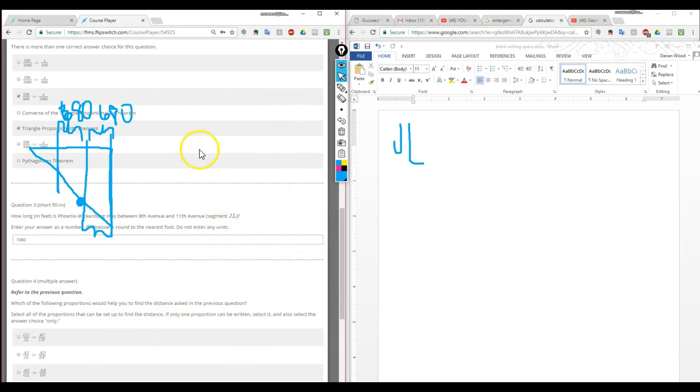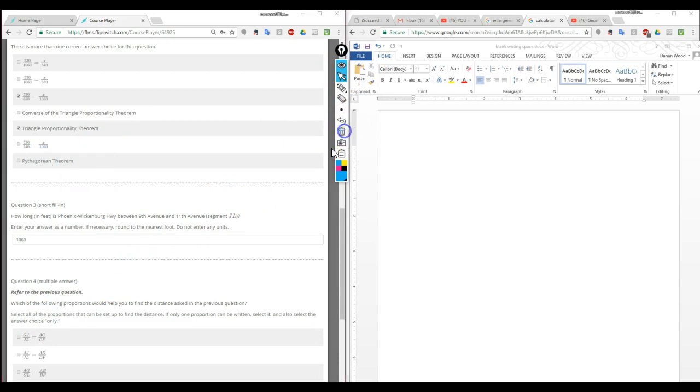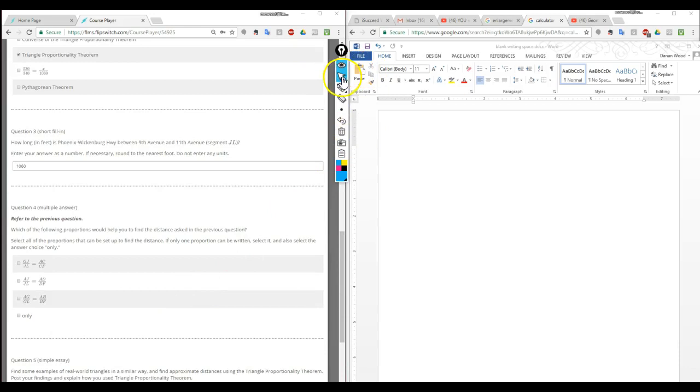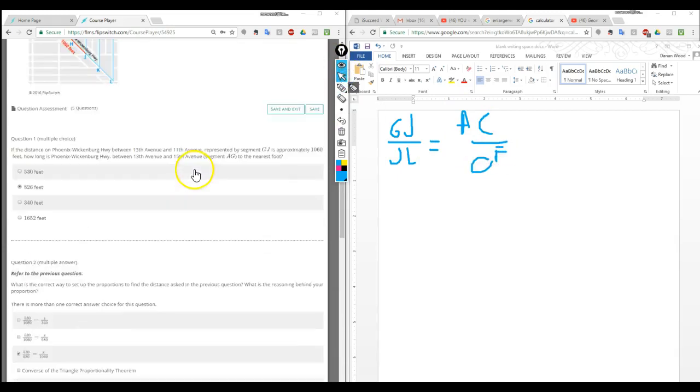Okay, so GJ, JL. Okay, I've got to write those down. G to J, J to L is equal to AC over CF. Alright, let's see.